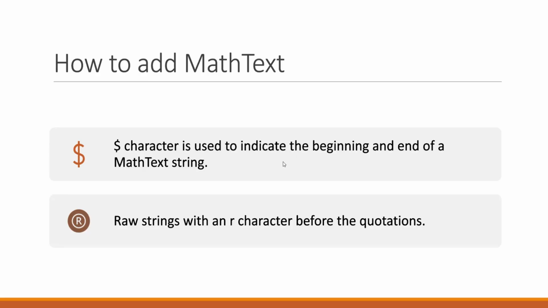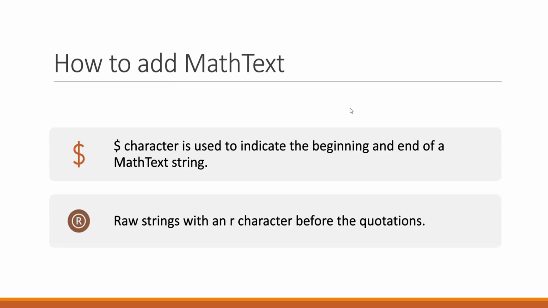The next thing is we should use a raw string, the r character before the quotation marks, surrounding the math text with the dollar sign. The use of this raw string is very important so that the backslash used for escaping text symbols does not mess with the Python interpreter.